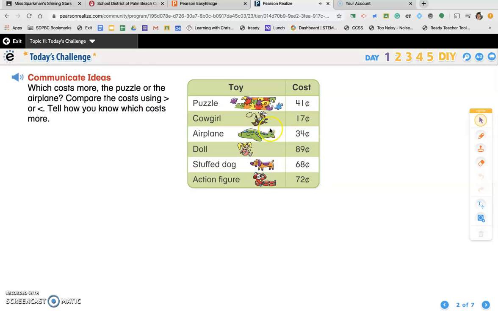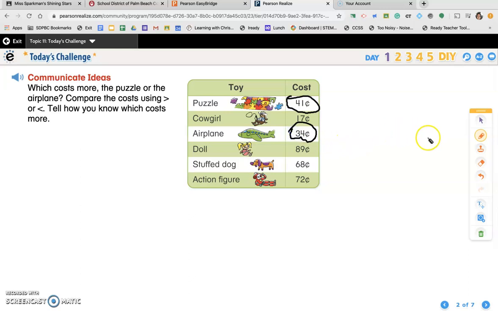Okay, so the first thing we need to do is look at the cost of the puzzle. The puzzle costs 41 cents, and we need to look at the cost of the airplane. The airplane costs 34 cents.